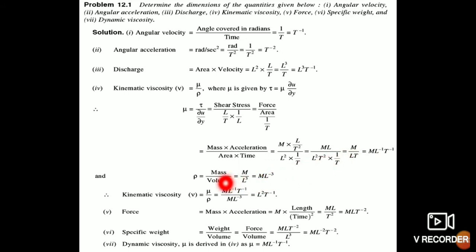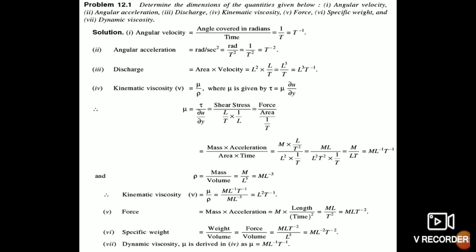And rho is mass upon volume, M upon L cube. Therefore kinematic viscosity is M upon M, which cancels; L raised to minus 1 and L raised to minus 3 in the denominator become L raised to 2 in the numerator, and T raised to minus 1. So the fundamental dimensions of kinematic viscosity are L square T raised to minus 1. Like this, we have to use fundamental relations to calculate these dimensions.